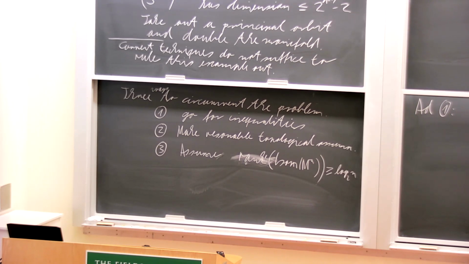So we have a T5 action acting effectively on a positively curved manifold, and we assume that the sectional curvature is positive and M is oriented.